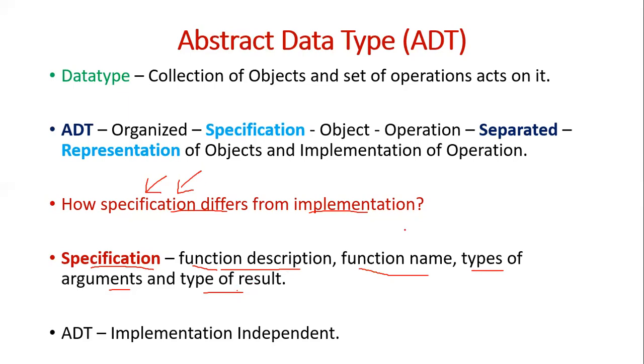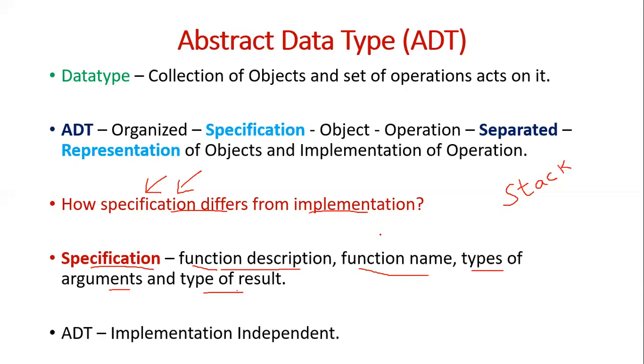Right? So in a simple case, assume that you have a data structure called stack. Okay. So the function description will be: stack is a data structure which is used to perform something called first in last out, or last in first out.